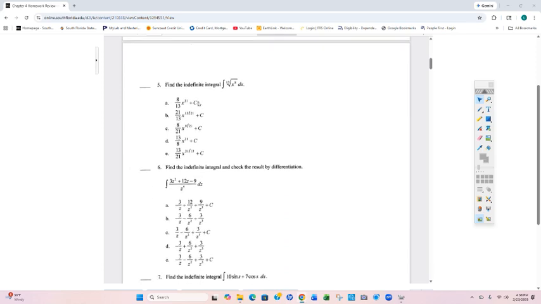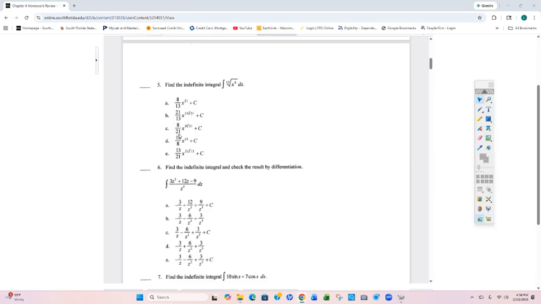Number 5, find the indefinite integral of. There's an integral symbol. Now we have the 13th root of x to the 8th. So 13th root, and underneath the radical is x to the 8th. And of course there's a dx on the end. Answer A, 8/13 x to the 21st power plus c. Answer B, 21 over 13, x to the 13 over 21 power plus c.